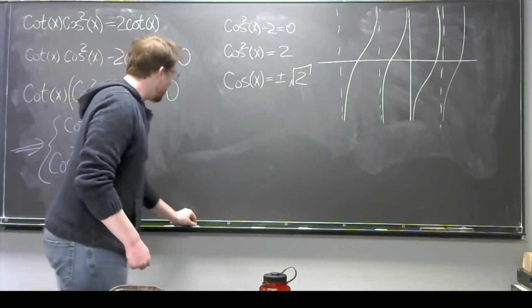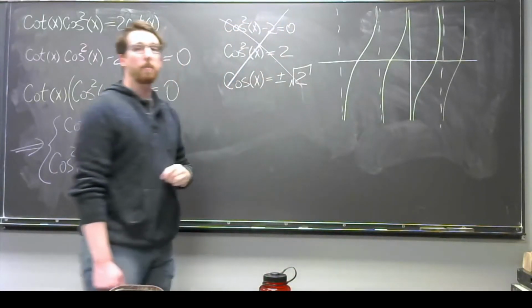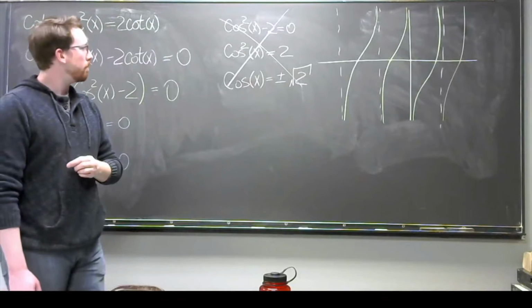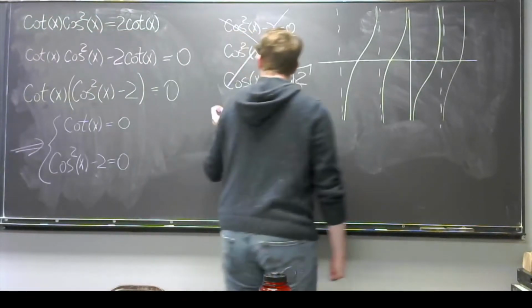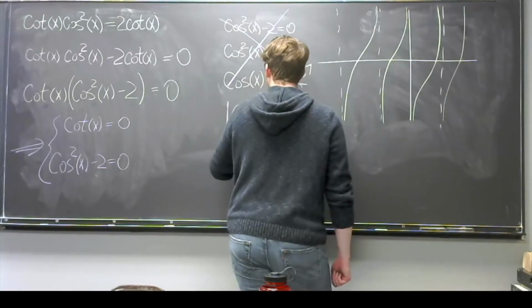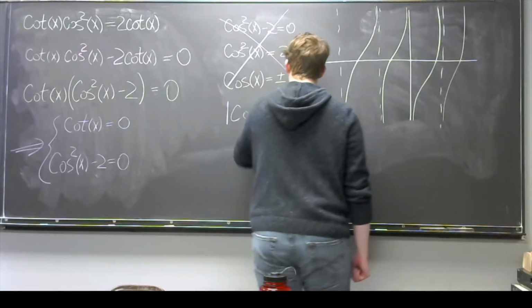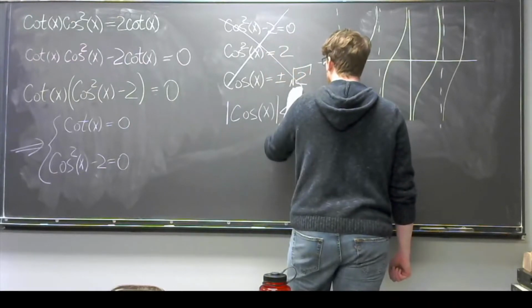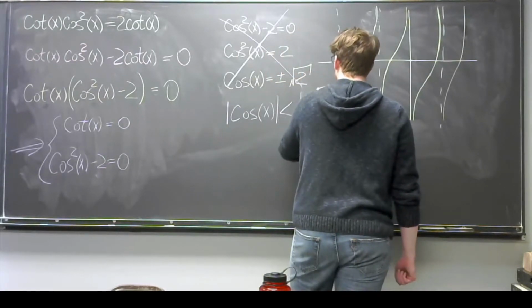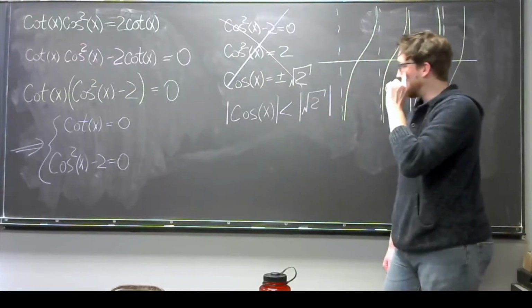So this can't happen. And the reason why, again, is because the absolute value of cosine of x is always less than the absolute value of the square root of 2, plus or minus.